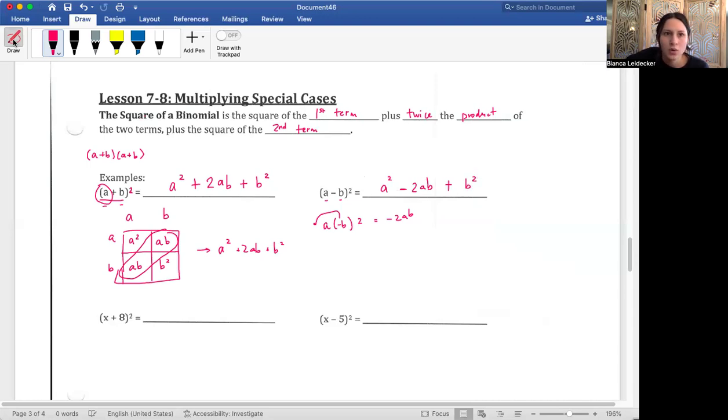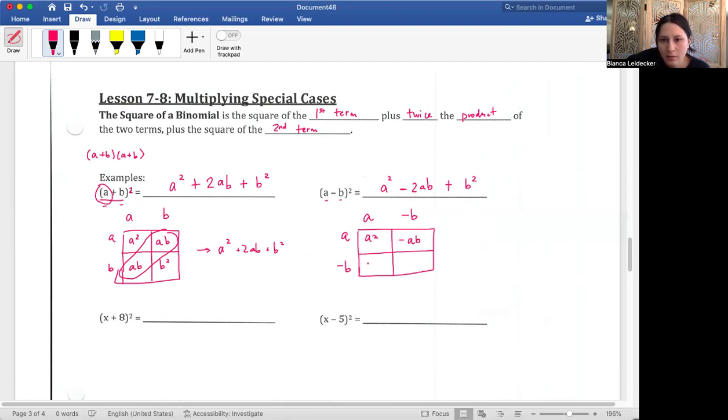Okay, so what does this look like as a box method? Let's just double check to make sure it's working and it lines up with what we're saying in the box method. So I've got A here, negative B here, A here, negative B here. A squared, A times negative B is negative AB.